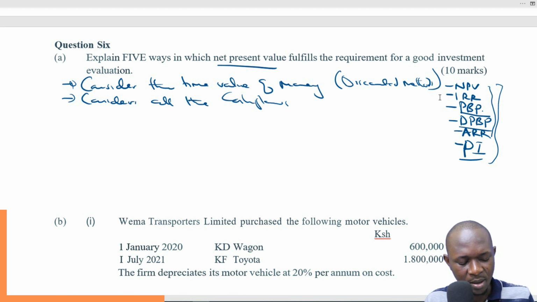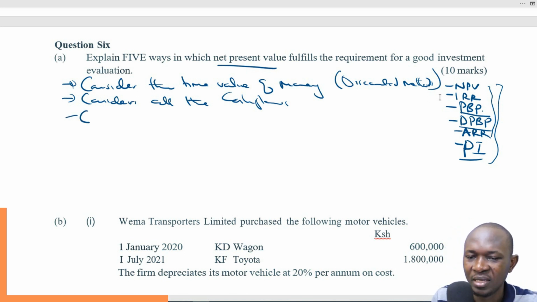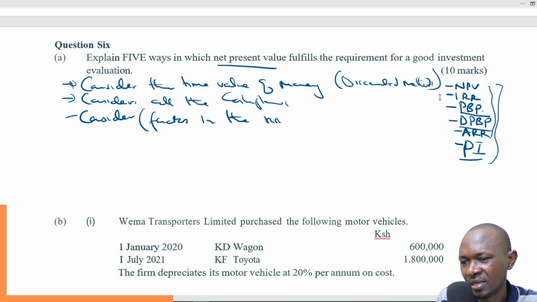The other thing about NPV is that it factors in the risks. The formula for NPV, I think it's important we mention it.